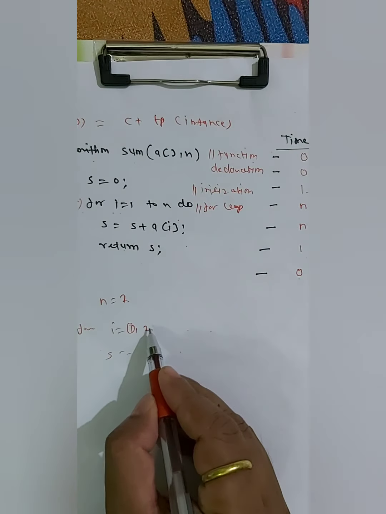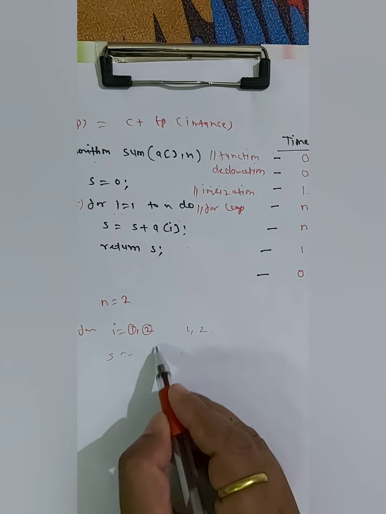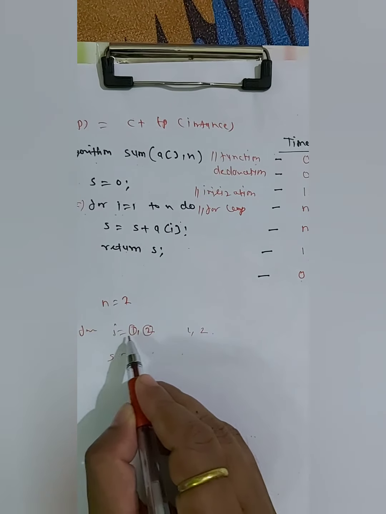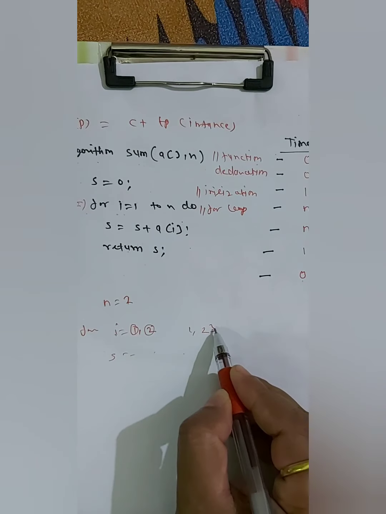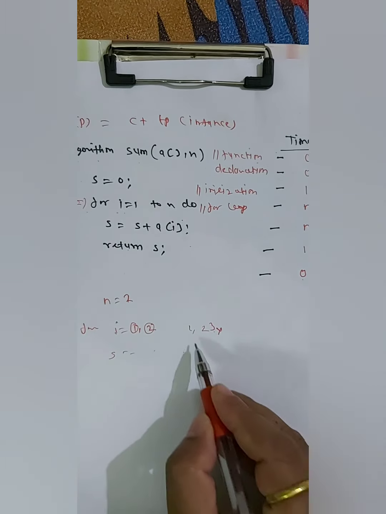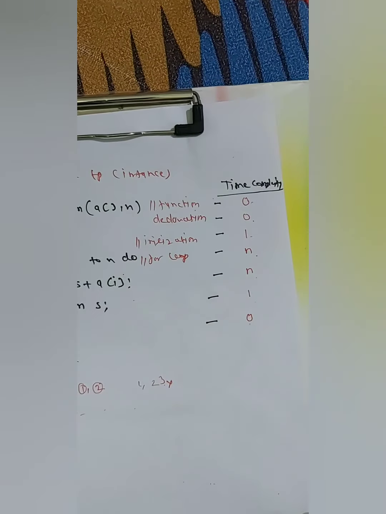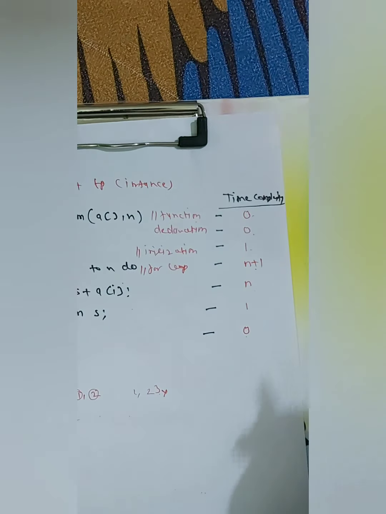After that it will go for 2. One time is already done, and the second time it will be done for I equal to 2, and it will go for a third time. Now the condition is false, so it will run one more time. So it is not exactly n, but n plus 1 times.